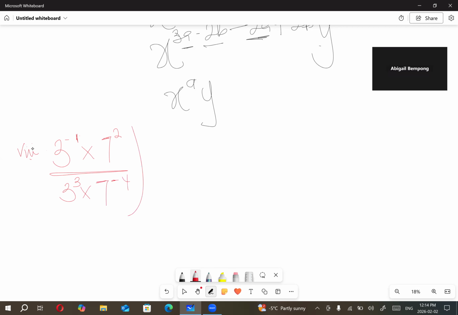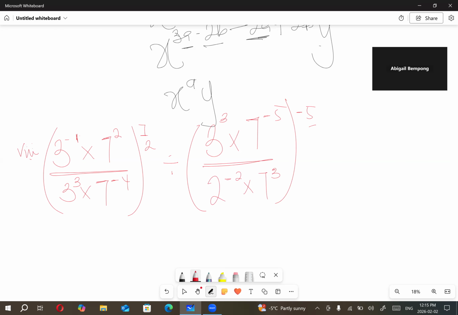They are all in brackets, exponent 7 over 2, divided by 3 exponent 3 times 7 exponent negative 5 over 2 exponent negative 2 times 7 exponent 3, bracket close, all exponent negative 5 over 2. This was just numbers, which was confusing. So apply what I have just told you to rectify something. I tried it.